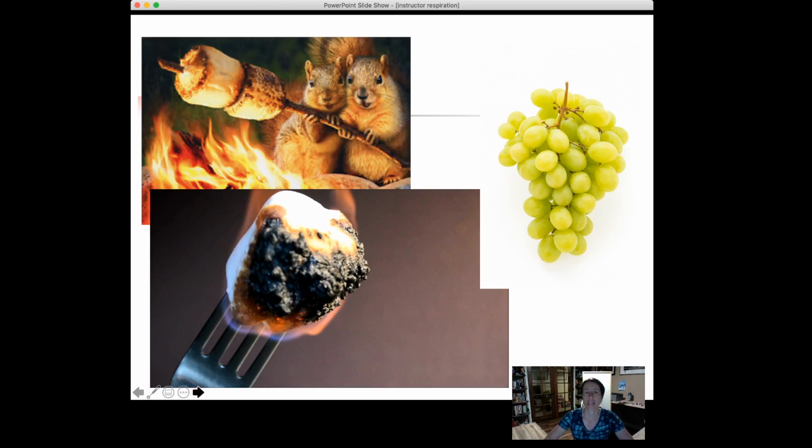So instead, inside your cells, you do the same thing in terms of breaking down sugar, but instead of doing it by combustion, by this one step that lets it all out with heat, you let the energy out bit by bit, and in a very controlled manner so that you can try and capture all of it. I like to think of a molecule of glucose as a bunch of grapes.